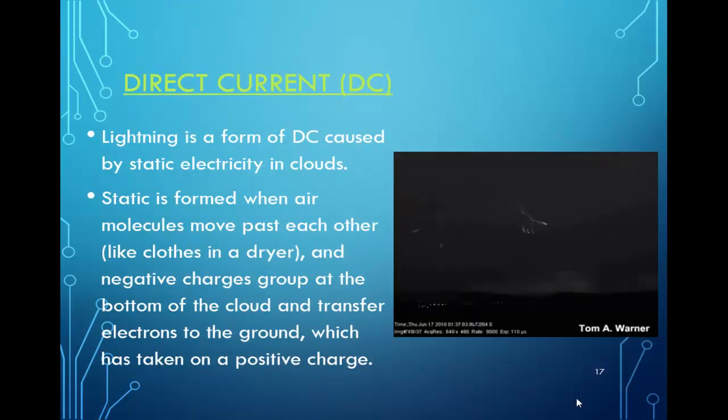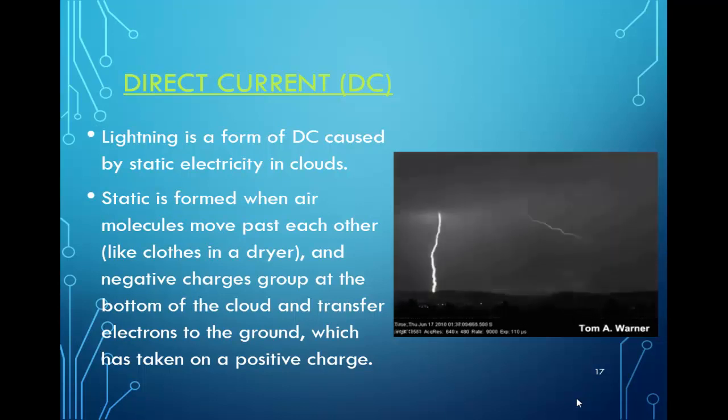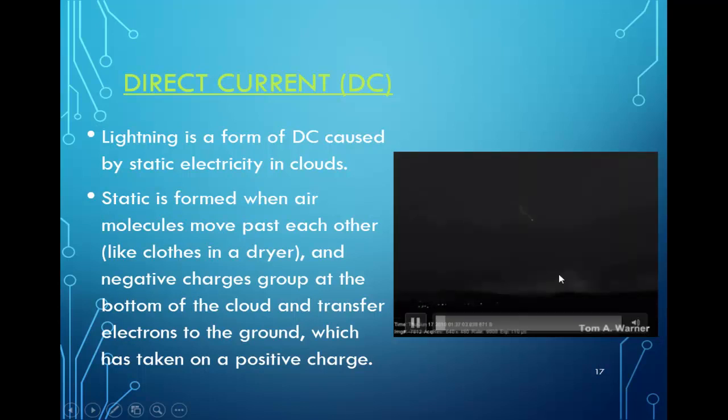What are the examples of direct current? Lightning is a form of DC caused by static. Did you see this video?